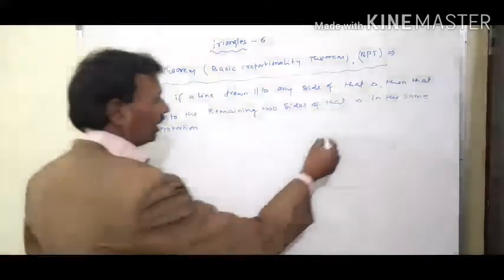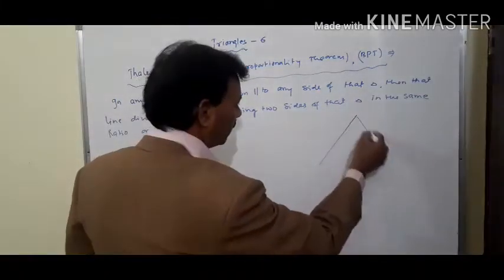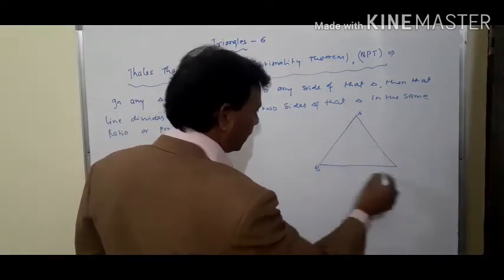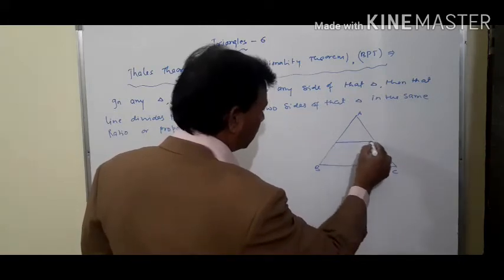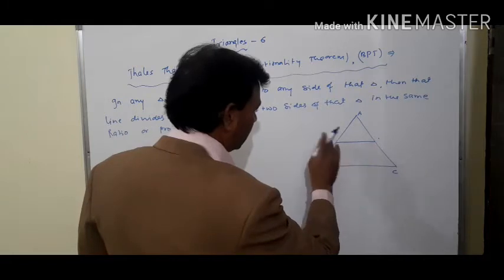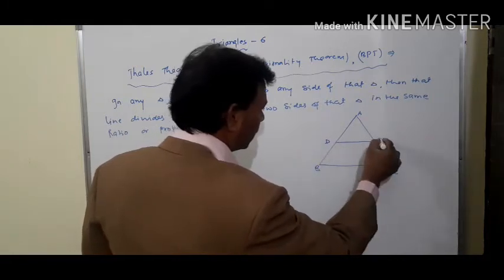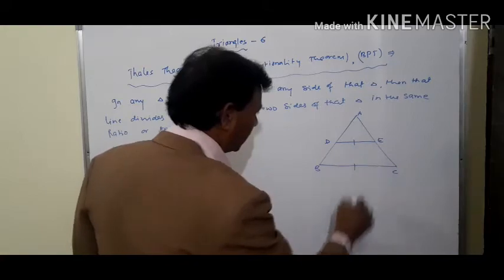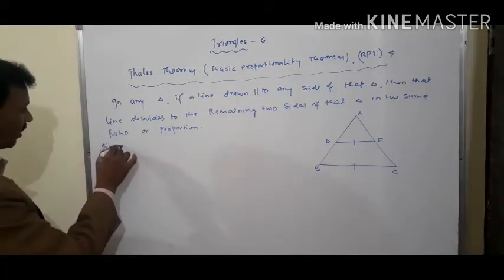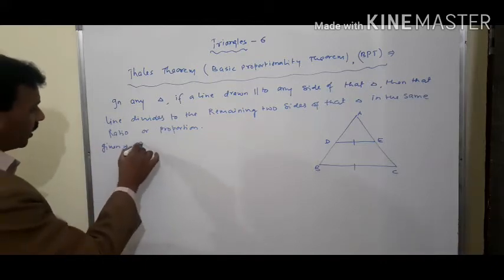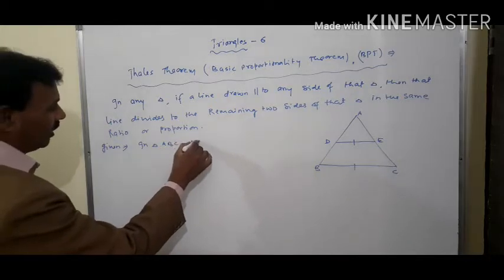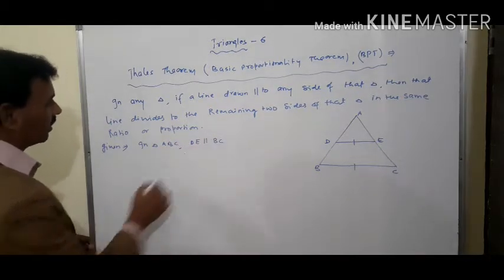Now we draw a triangle ABC and a line DE which is parallel to BC. That means, given in this concept, in triangle ABC, DE parallel BC.